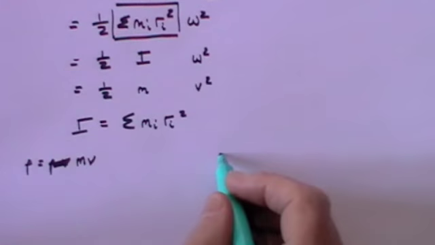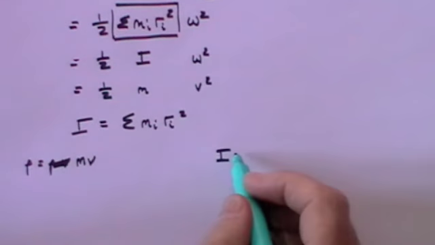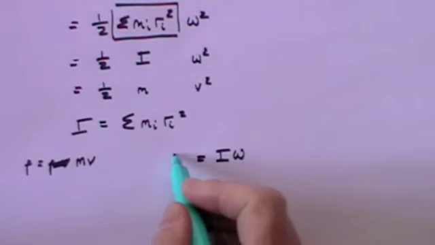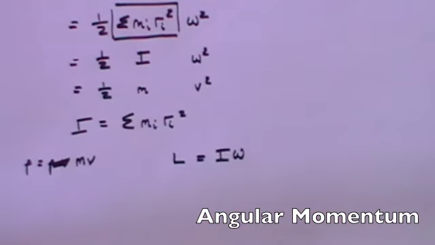Mass has an equivalent, which we said is the moment of inertia, and velocity has an equivalent, the angular velocity omega. That is what's called the angular momentum, and it's given the letter L. And just like ordinary momentum, angular momentum is also conserved.